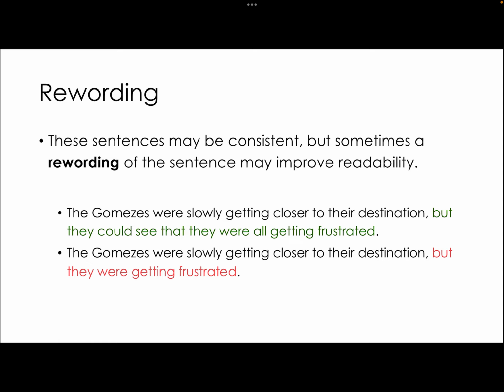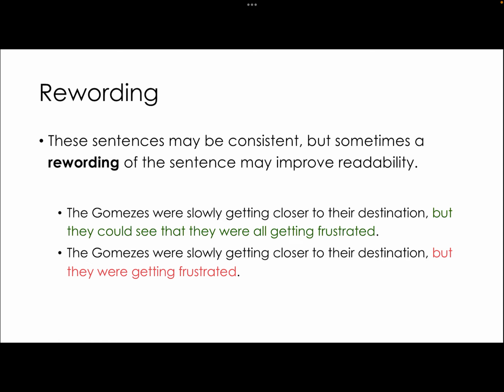Let's look at it. The Gomezes were slowly getting closer to their destination, but they were getting frustrated. So the part "they could see that" is deleted. Does that cause a significant change in the meaning of the sentence? No, I don't think so.